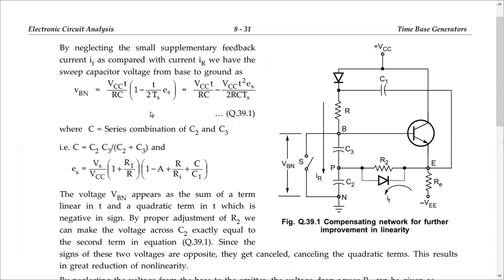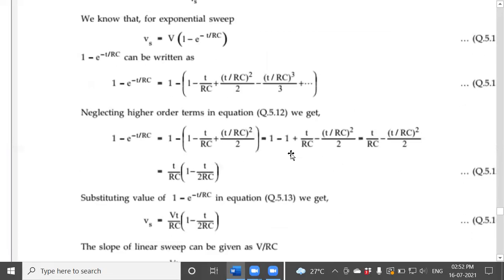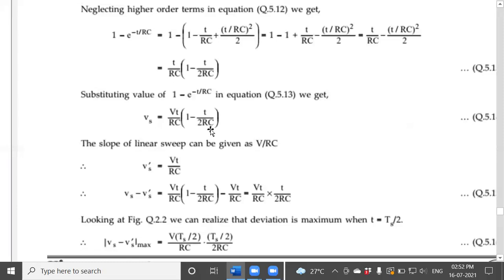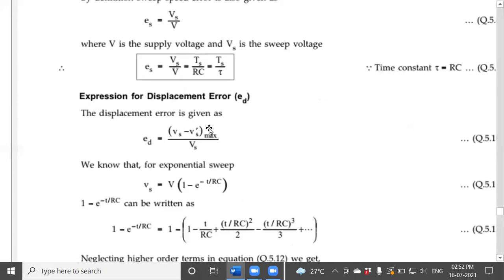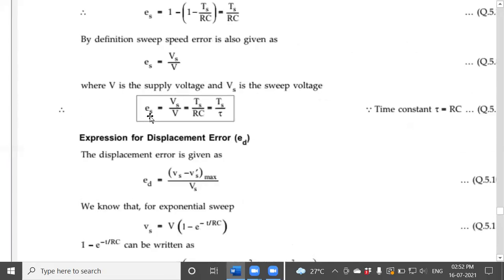So what we are actually doing here is taking the voltage across the capacitor, which we already discussed in the previous class, and replacing this RC in terms of ES and TS using this relation.